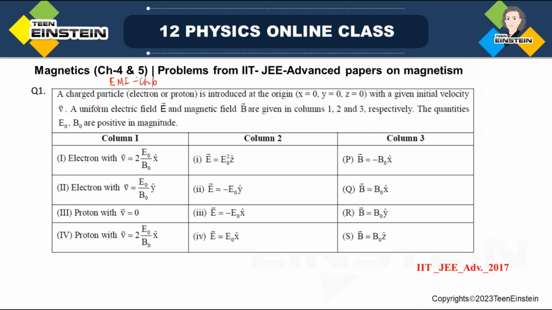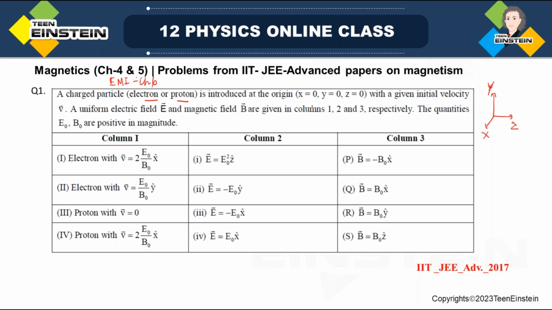So look, this question is really a very interesting question. A charged particle that can be an electron or a proton is introduced at the origin. So something like this, at the origin the particle is there. Let us say this is Z, this is Y, and this is X direction.